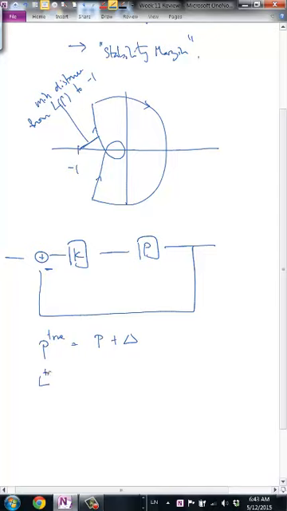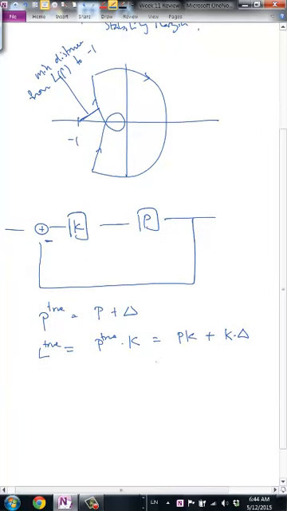That means that L true is equal to P true times K, which is equal to PK plus K times delta. So this is equal to L plus K delta.